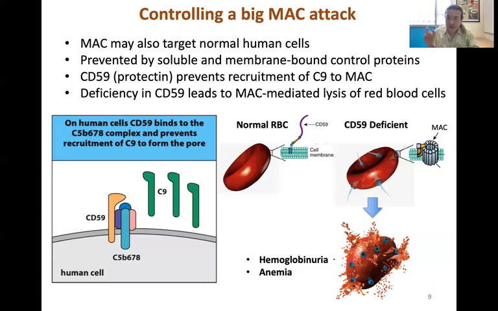And depending upon how impaired their version of CD59 is, it may actually lead to a fatal condition. So maybe these certain people don't even grow up, right? They die in childhood.